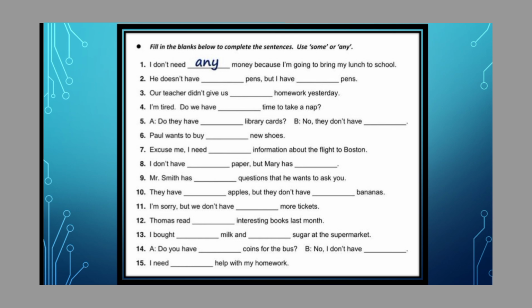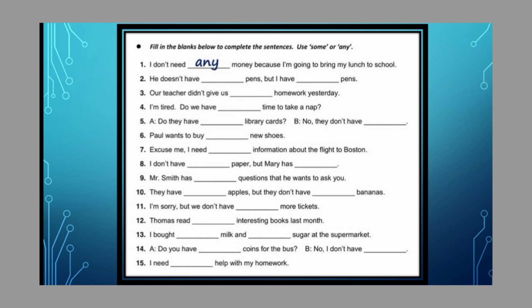Next, I don't have dash paper. My mother has dash. The first sentence contains not, so it is a negative sentence, so we should use any. I don't have any paper, but my mother has some. This is the correct answer.